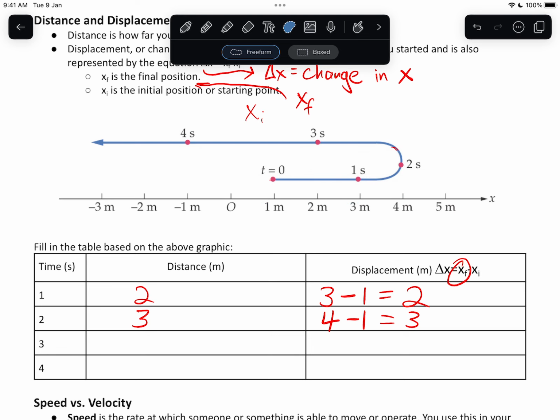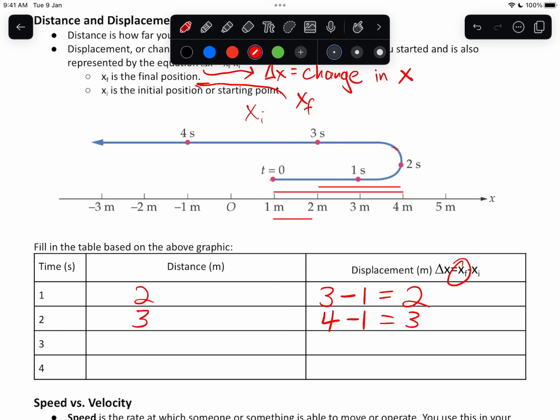Let's keep going. At 3 seconds, let's see what happened. At 3 seconds, I've gone from 1 meter all the way to 4 meters, and then I've come back to 2 meters. So the distance I've traveled, well, if I started at 1, then I go 1, 2, 3, so that's 3 meters, and then back 1, 2.